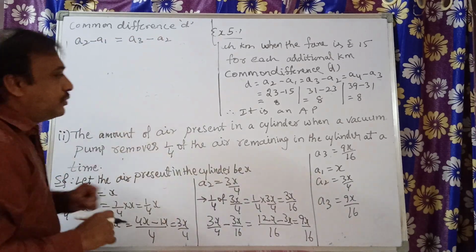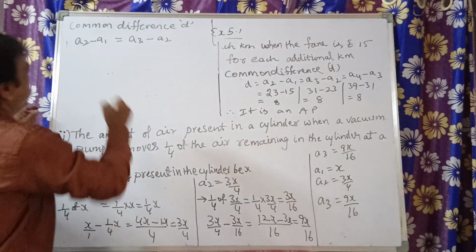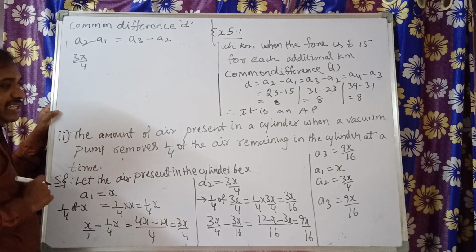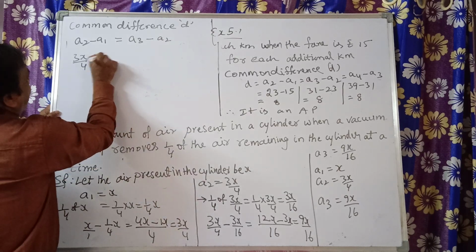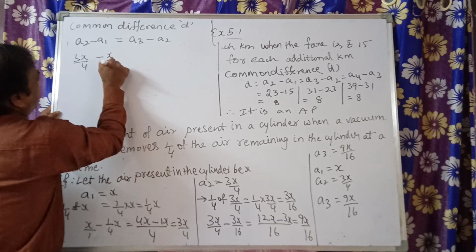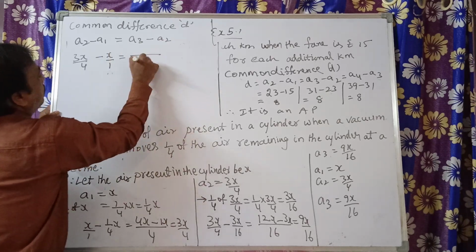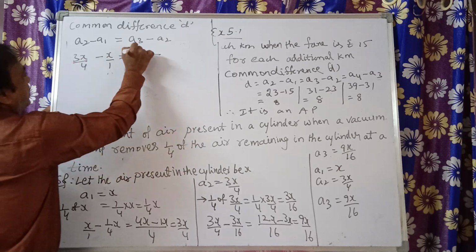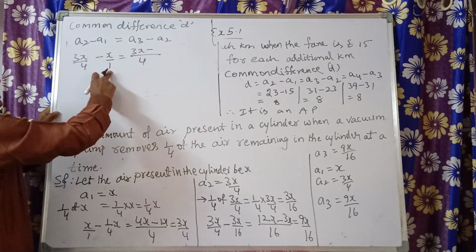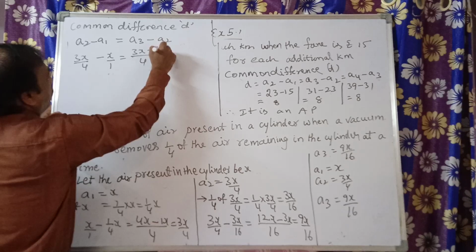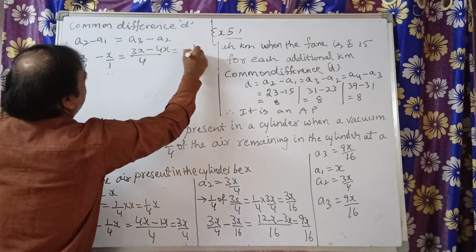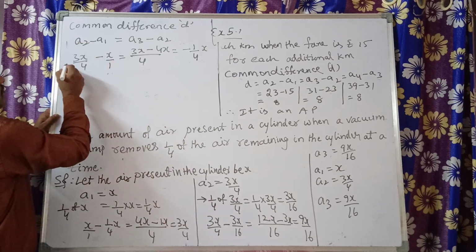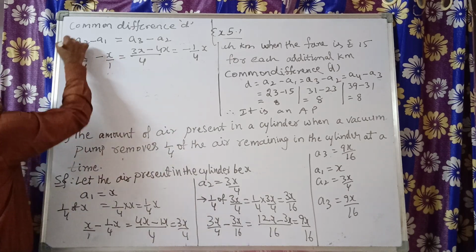What is A2? 3x by 4, and A1 is x, so x by 1. 4 is the LCM. 4 times 4, one time you will get 3x minus, and 1 times 4, you get 4 into x, 4x, which is equal to minus 1 by 4x. That is the common difference in the first case.